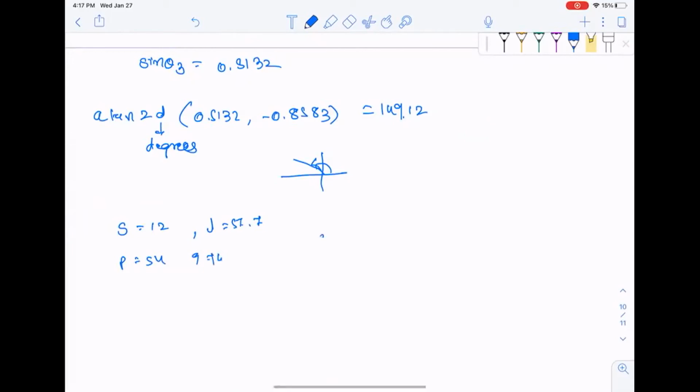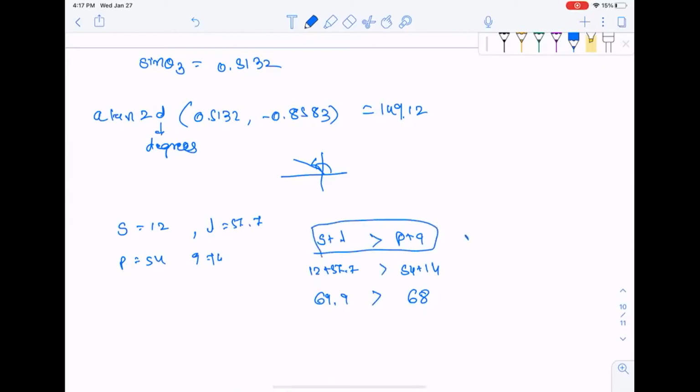So that will make us compare S plus L with P plus Q. S plus L is 68 and over here we have 69.9. So this is bigger, so this is a non-Grashof linkage.